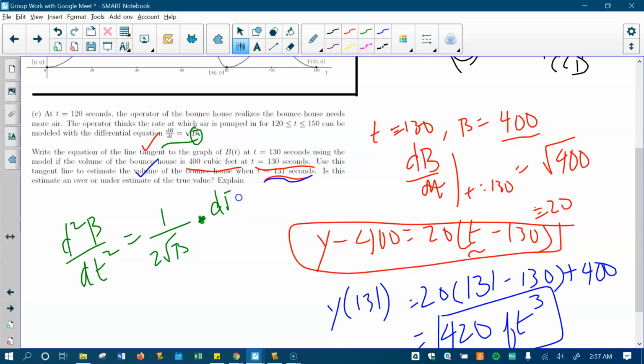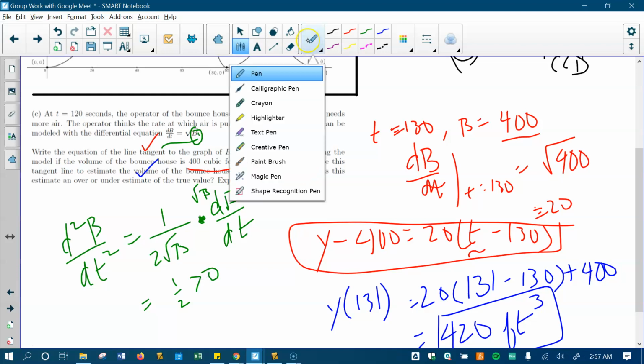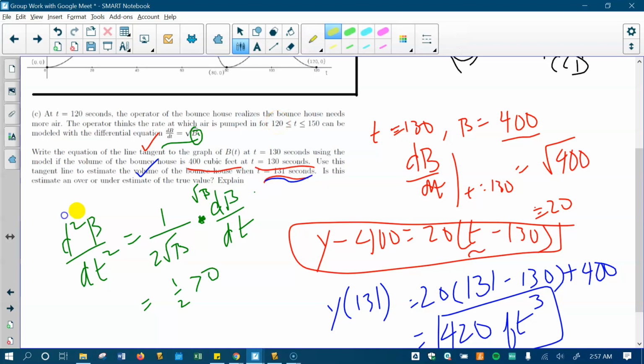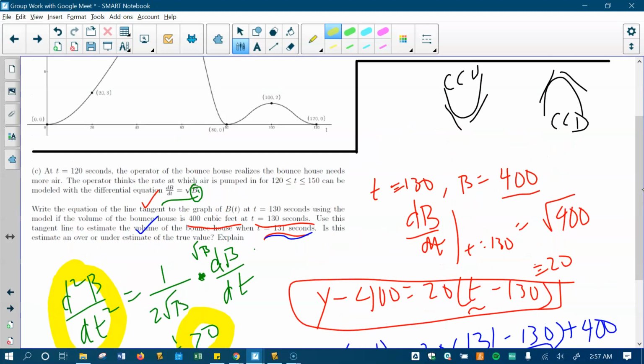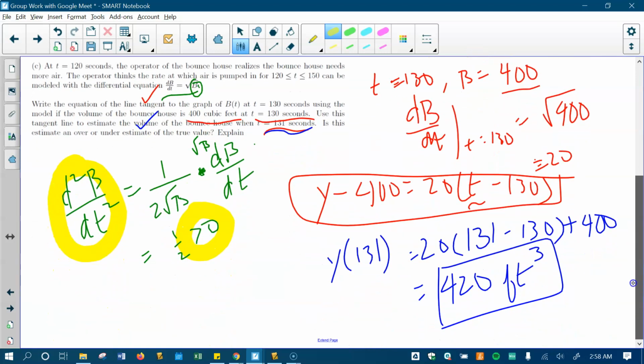So I needed db dt here. db dt is root b, and because db dt is root b, the root b's cancel, so I'm left with 1/2, and 1/2 is positive. And the reason I need to know 1/2 is positive is because I need my second derivative to be positive or negative, and if the second derivative is positive, I can tell where my tangent line is.